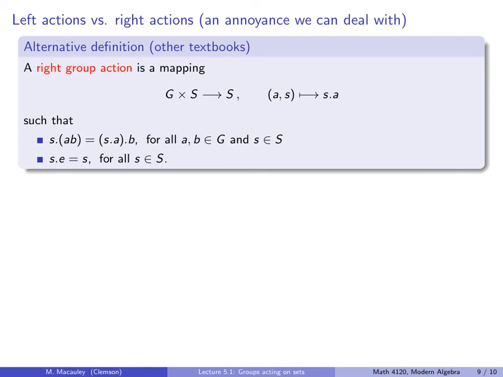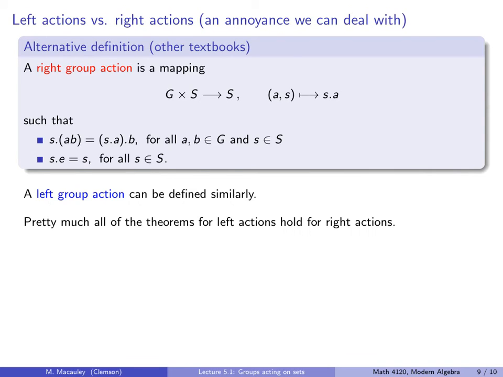This is how we define a right group action. A left group action can be defined very similarly. Basically just reverse this, stick it up to the mirror, and pretty much all of the theorems for left group actions hold for right group actions.